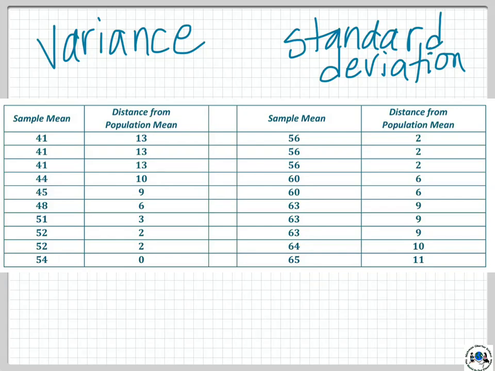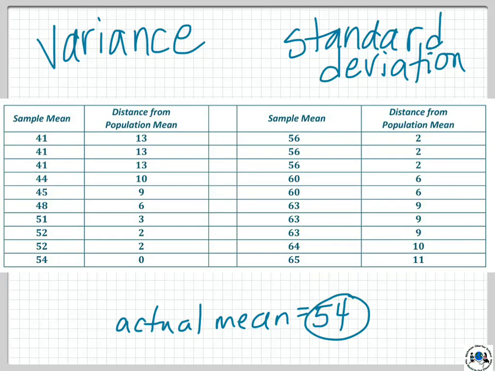So the actual mean here, we're going to round it to 54, okay? So now they took a sample here of various means. Now these means were taken from 20 samples, and they were samples of size 15. So in this case, the n was equal to 15, such that each sample had 15 data points in it.